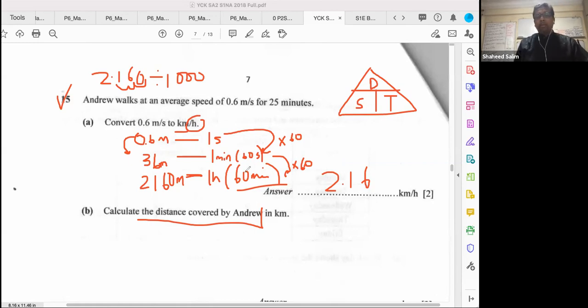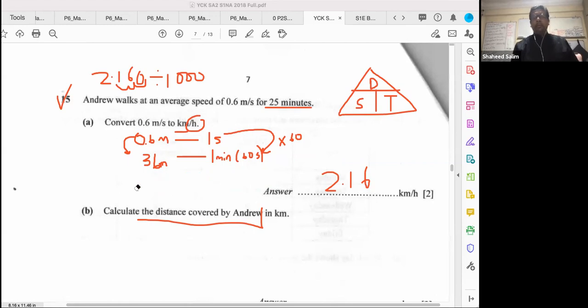Instead of 60 minutes, you do 25 minutes. You can minus off this part now. Instead of doing 60 minutes, you do the same thing. Now you want 25 minutes. What do you do? Times by 25. Come on. Times this by 25.